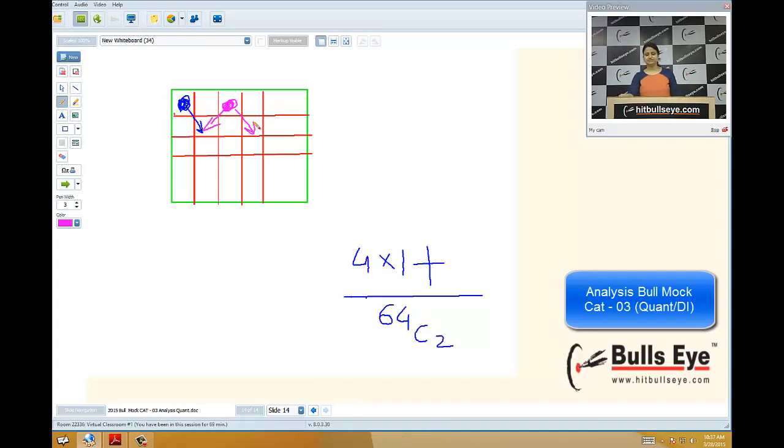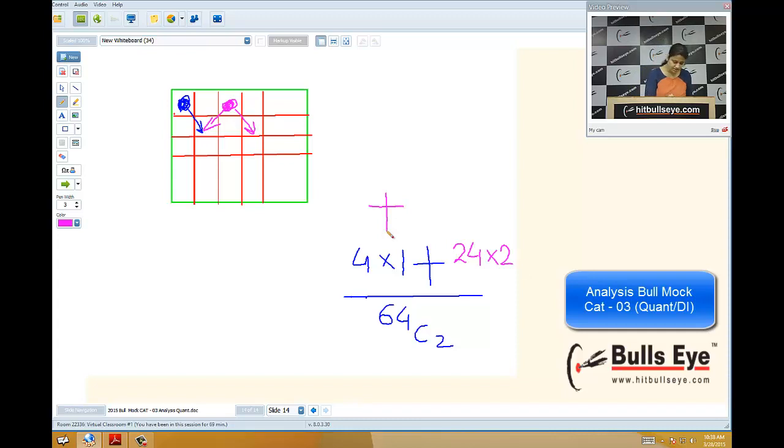Out of these 8, 2 are corner squares, so we subtract these 2 and are left with 6 squares. We call it a side square. In total there are 24 because there are 4 sides. So I'm writing 24C1 into 2C1, because for every square there are 2 choices.